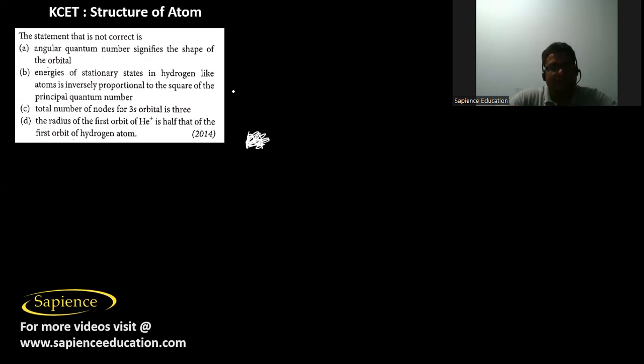So angular quantum number means the azimuthal quantum number, which signifies the shape of the orbital. For s it is spherical, and for p it is dumbbell shaped, which has two lobes. So it means the value of L, the azimuthal quantum number or the angular quantum number, signifies the shape of the orbital.